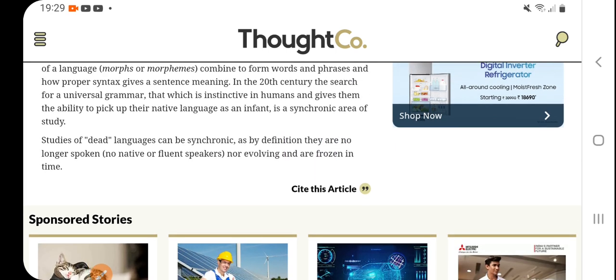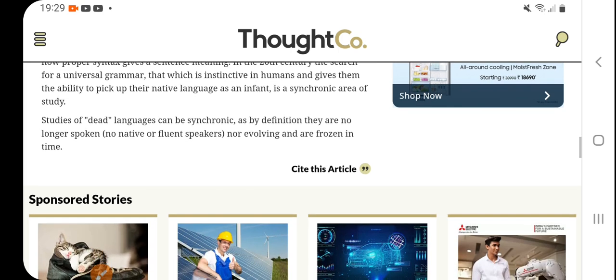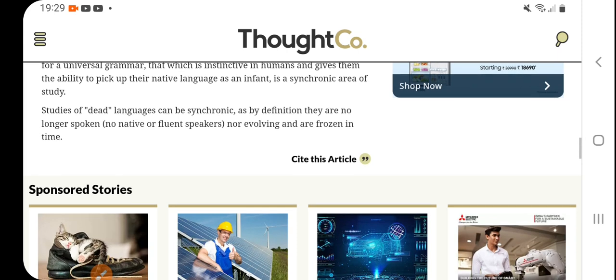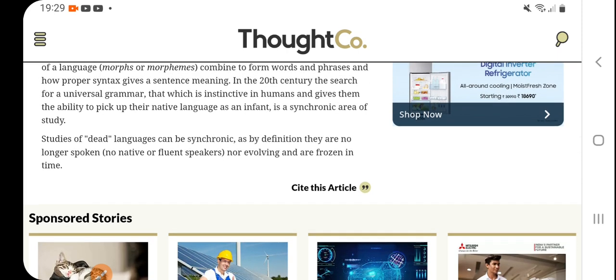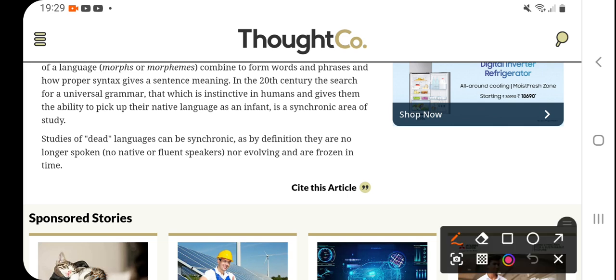In the 20th century, the search for universal grammar, that which is instinctive in humans and gives them the ability to pick up their native language as an infant, is a synchronic area of study. Because different countries, states and places follow different grammar, there was a need for a universal grammar.